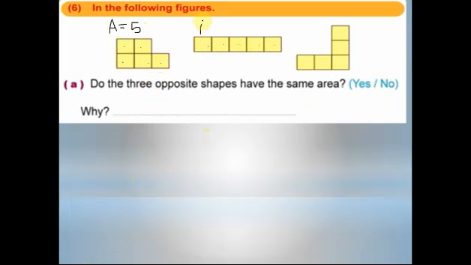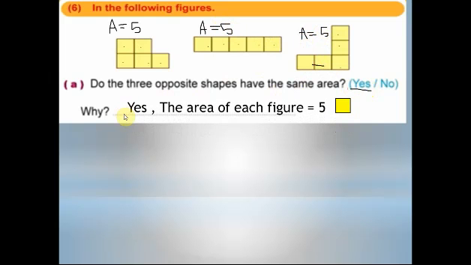So the area also here equals 5. Let's check the last one. 1, 2, 3, 4, 5. So the area also here is 5. So the question: do the three opposite shapes have the same area? Yes. Why? Because they have the same area, and it equals 5 units.